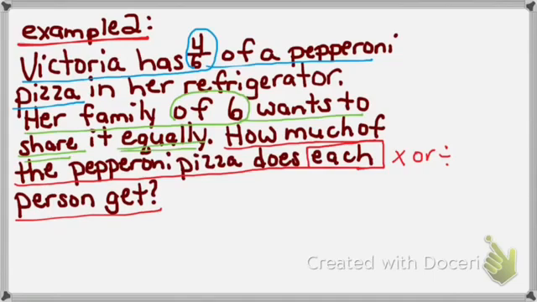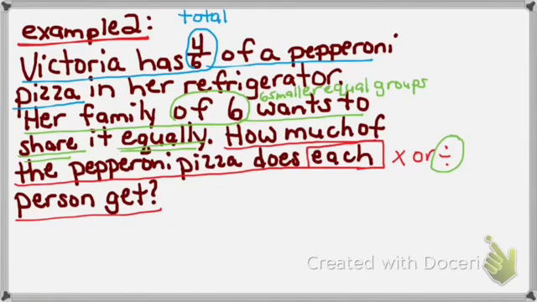That's important. 4/6 is the total amount of pizza Victoria has. So I have a total. She wants to share it with all 6 people in the family, which means we need to take that pizza and break it into 6 smaller equal groups. We have a total, we're breaking it into smaller groups. That tells us right away this is going to be a division problem.